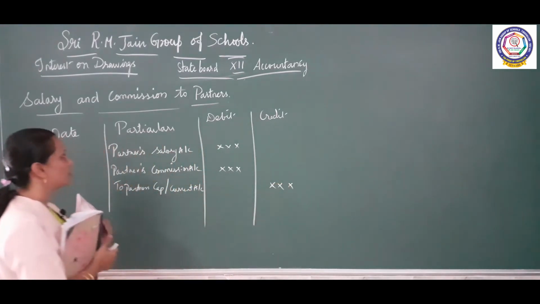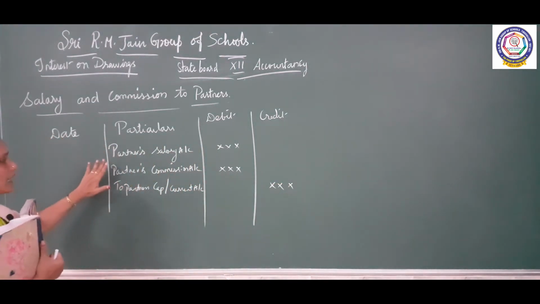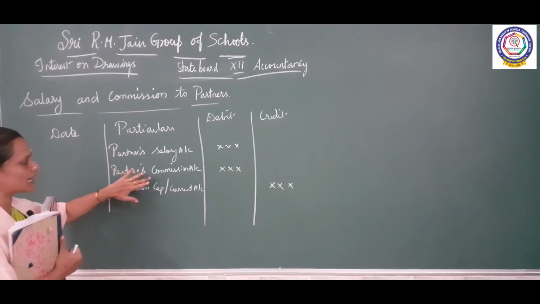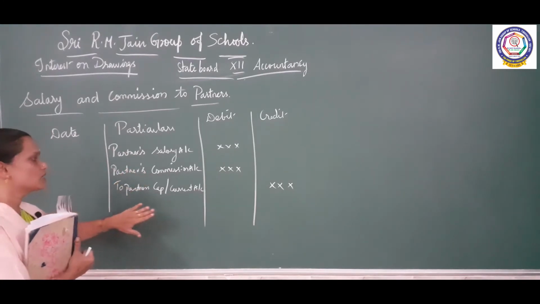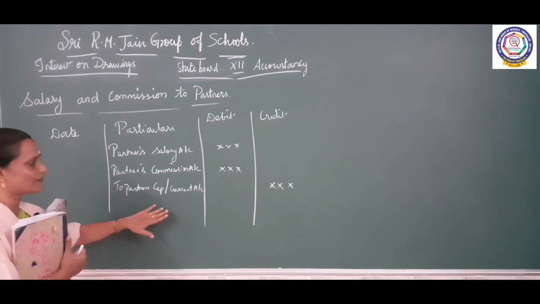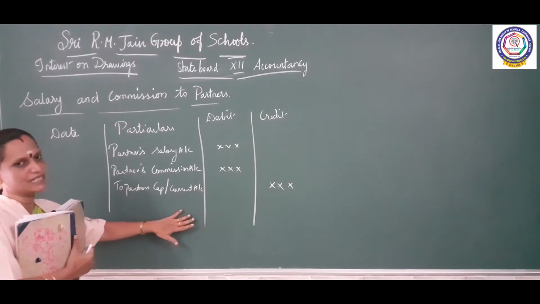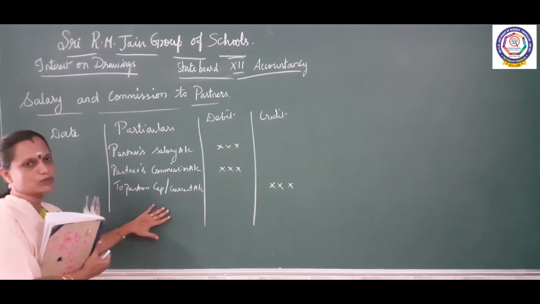This is the journal for giving the due. So if it is a fluctuating method, you have to use the current account, and if it is a fixed capital method, you have to use the capital account.